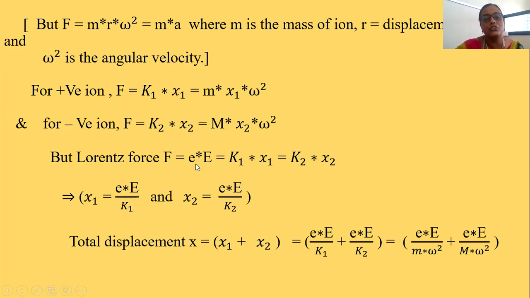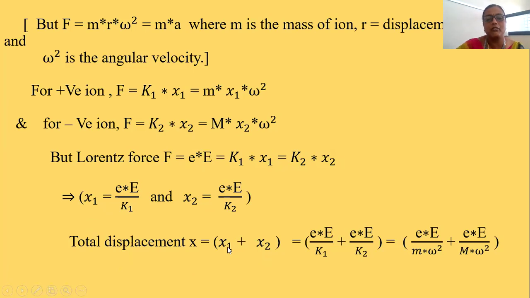The Lorentz force is equal to E into E. We know that in equilibrium, the Lorentz force and the restoring force should be equal. When we solve this, x1 is equal to E into E by K1 and x2 is E into E by K2. So the total displacement is x1 plus x2.